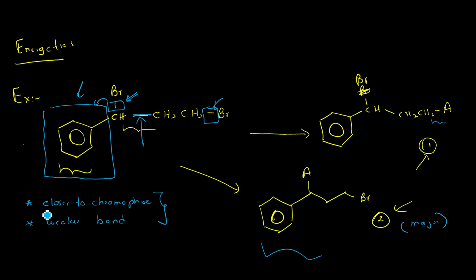The bond which satisfies these two conditions is the one which has more feasibility, more probability to go through the reaction. So this is basically the energetics. This is what we need to look at when you have the molecule in the first place.